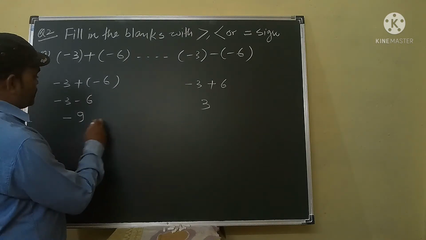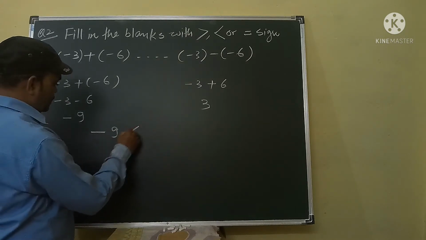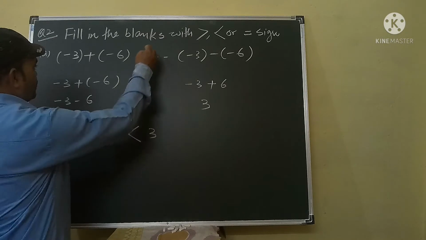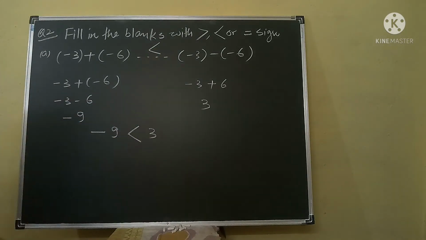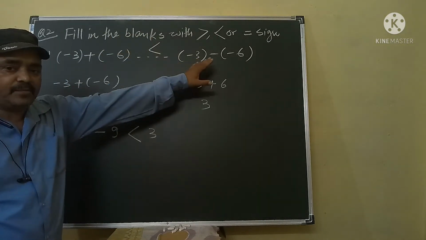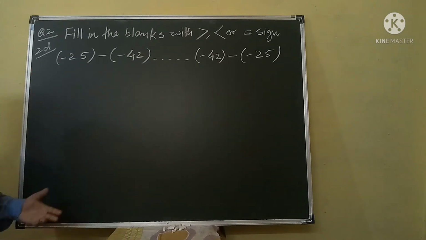That means minus 9 is less than 3. So which sign will come here? That is less than. That means the first part is less than the second part.